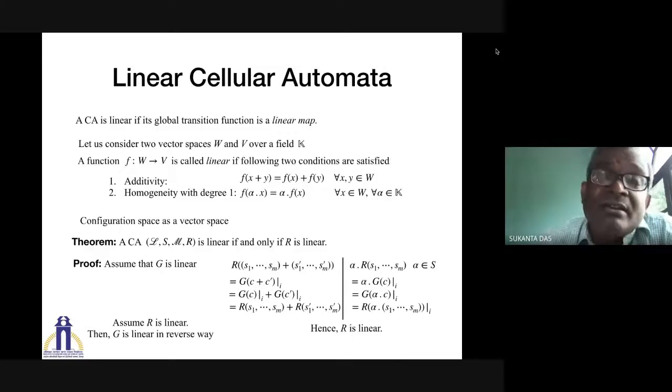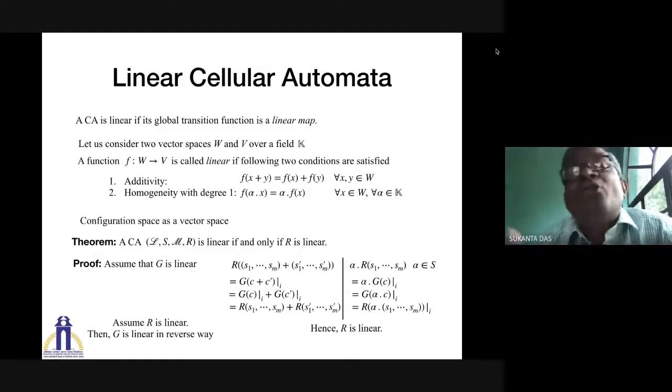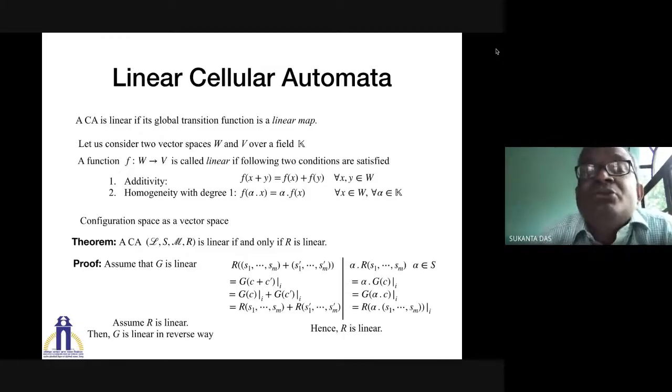On the other hand, if the CA is non-linear, we don't have much tool to characterize their behavior. We can plot their dynamical behavior using space-time diagram or transition diagram, but their theoretical, mathematical properties are difficult to achieve and difficult to discover.